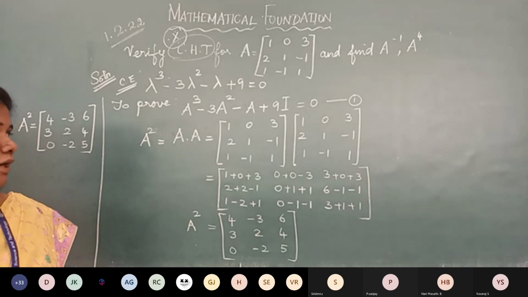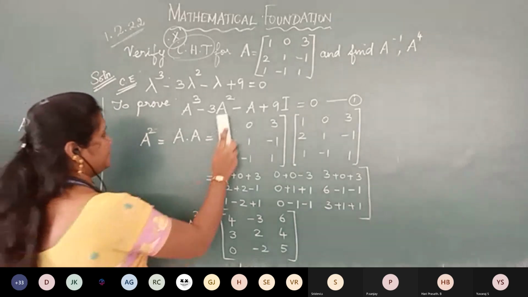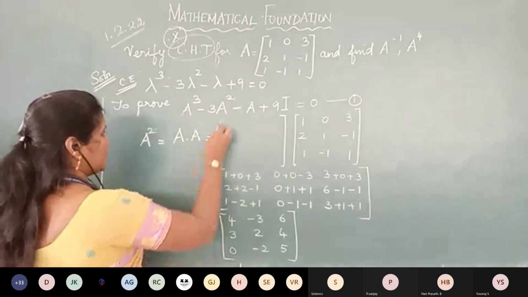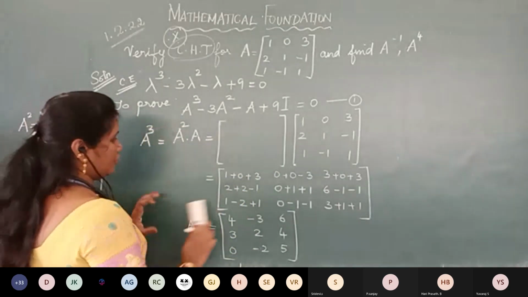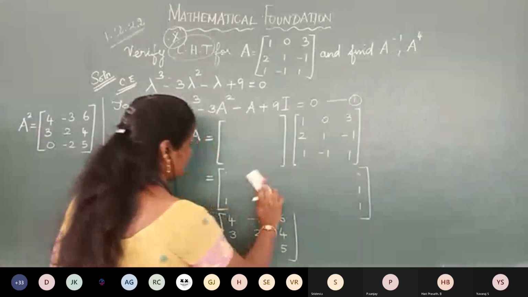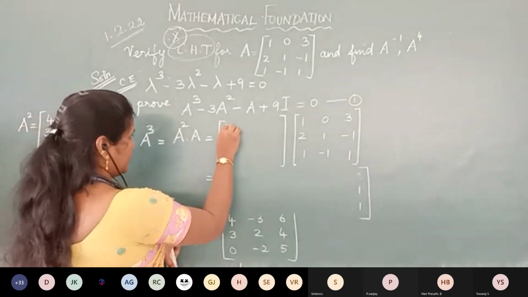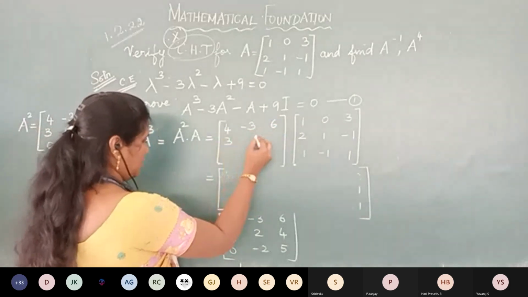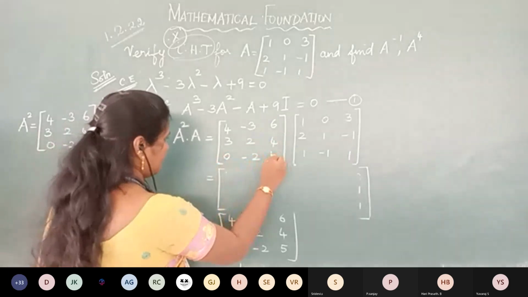Now you found out your A square. So next we will find out your A cube. I'm going to substitute your A square value here, which is 4 minus 3, 6, 3, 2, 4, 0, minus 2, and 5.